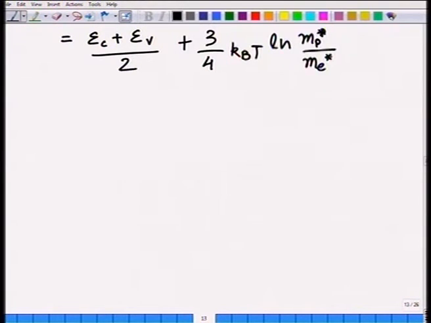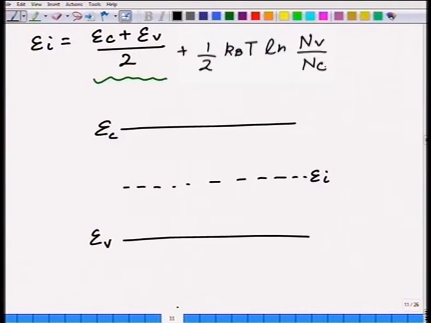So, EI is exactly in the middle if the effective masses of electron and holes are equal.